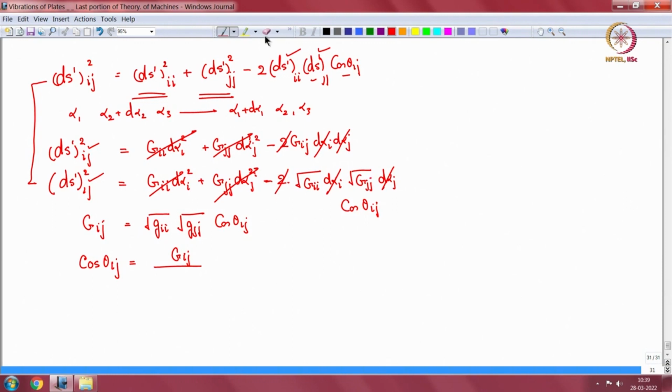Let me correct that here. So this should be capital GII, capital GJJ. So cos theta ij now is this: GII, GJJ.